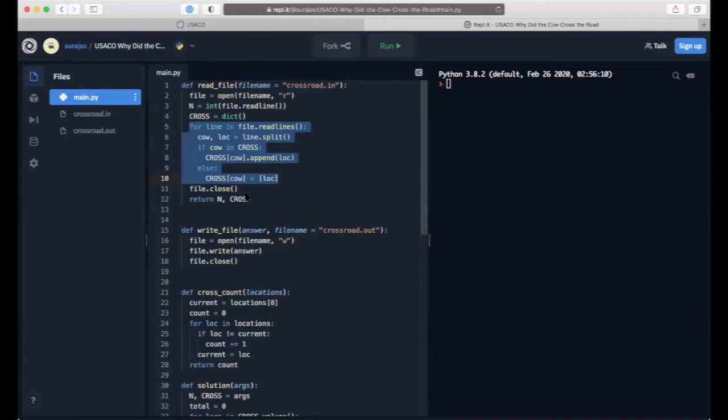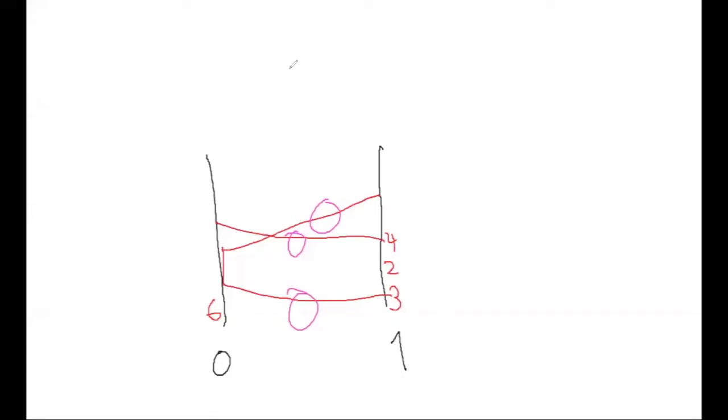The reason why order matters here is because, let's say we have cow 3 with 1, 1, 0, and then another with 1, 0, 1. We can't just naively count the number of zeros and ones. This is one crossing right here, but this would be 2 crossings, even though they share the same number of 1s and 0s.